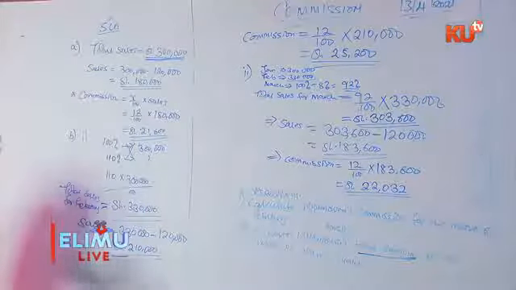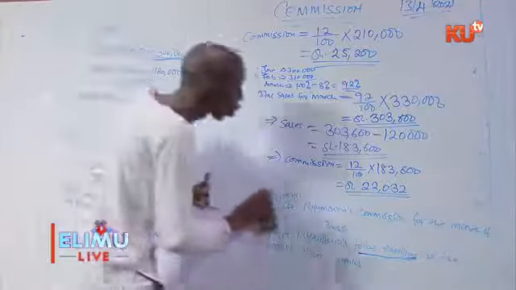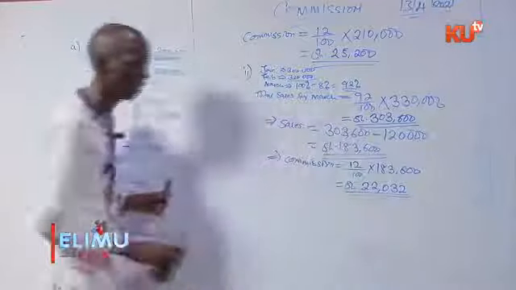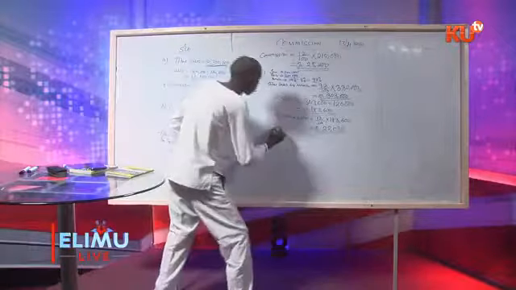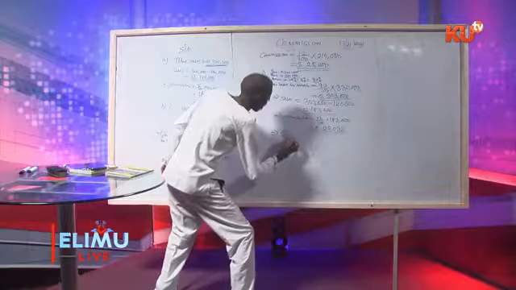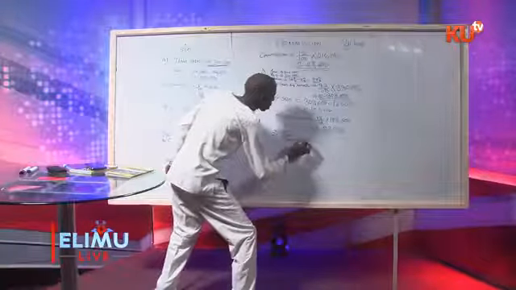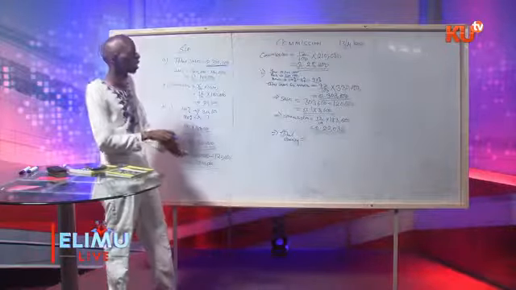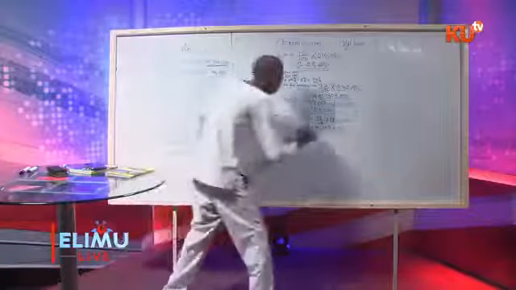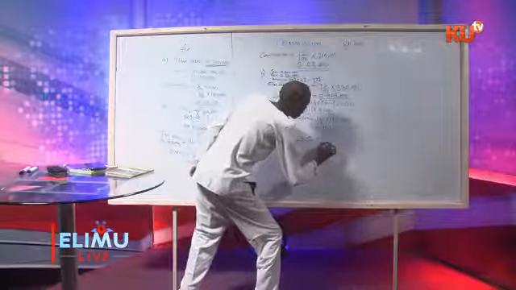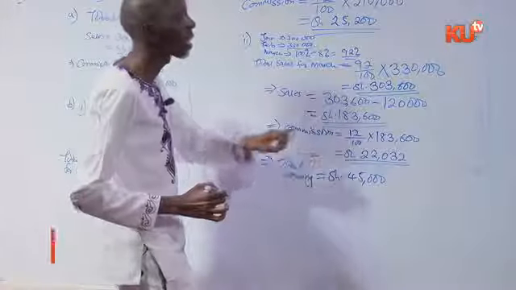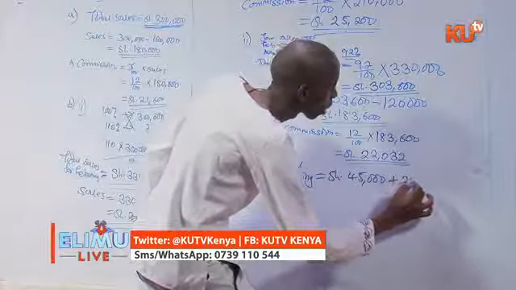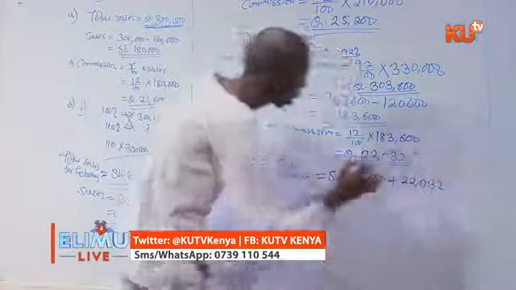But the question is not commission. The question is total earnings for the month of March. Total earnings is equal to the basic salary. In our question, he is paid a basic salary of 45,000, plus the commission he got in March, which is 22,032 Kenya shillings.